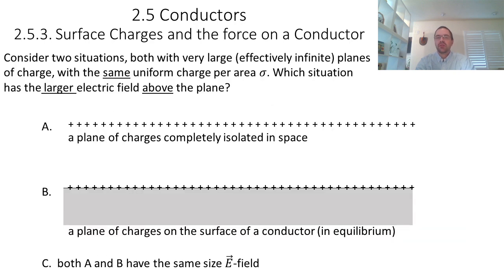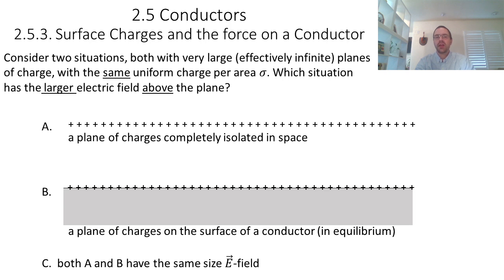We will continue discussing this force, but before we do that, let's answer this question first. Consider the two situations, both with very large or effectively infinite planes of charges, with the same uniform charge per unit area, sigma. Which situation has the larger electric field above the plane? Is it A, a plane of charges completely isolated in space? Is it B, a plane of charges on the surface of a conductor in equilibrium?